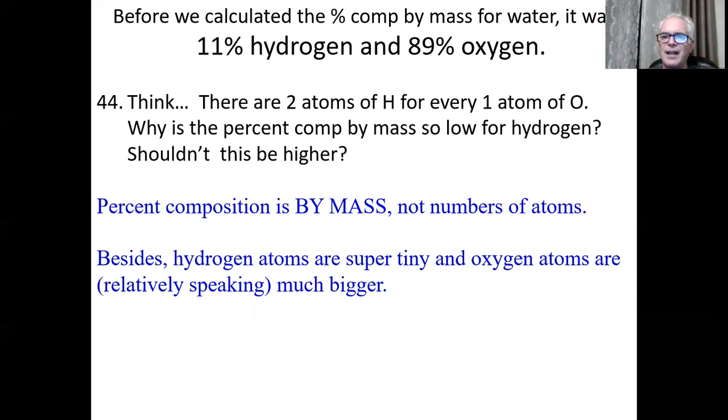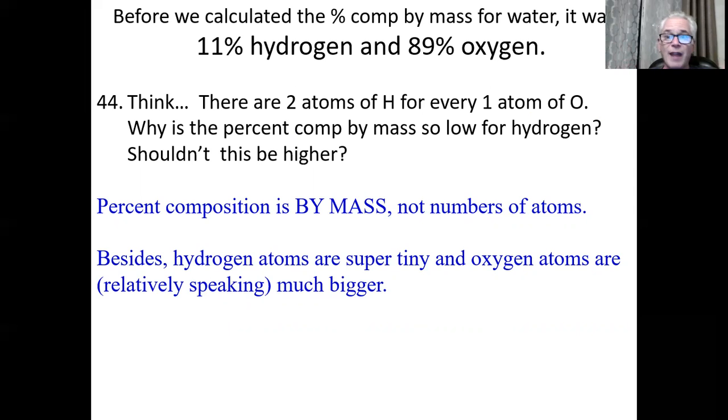Hydrogens are super tiny. This is like you make a fruit salad with 2 blueberries and a cantaloupe. What's it taste like? It tastes like cantaloupe. There's 2 blueberries, there's only 1 cantaloupe, but it's mostly cantaloupe. Oxygen by mass is really big compared to those 2 little baby hydrogens. This is called percent comp by mass. This is not how many do you have. We're not counting 2 to 1.